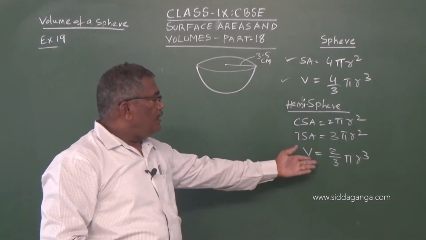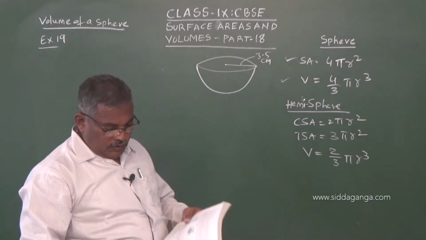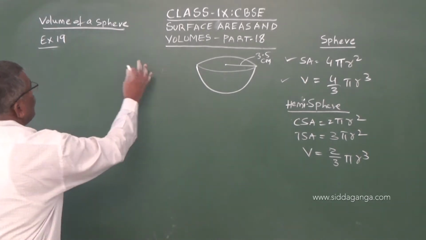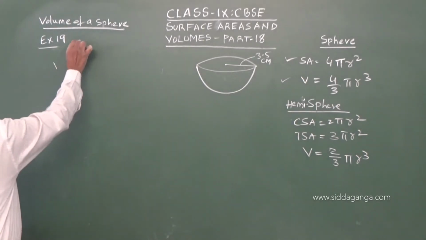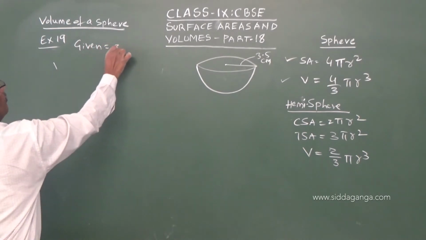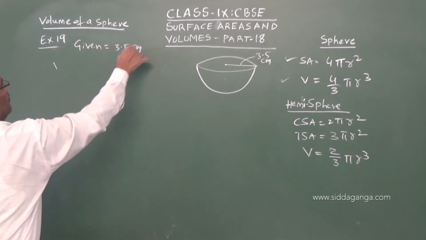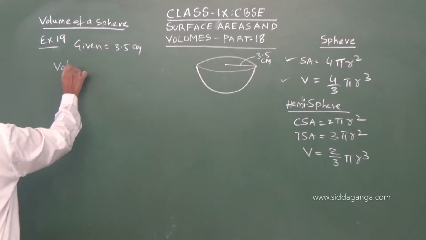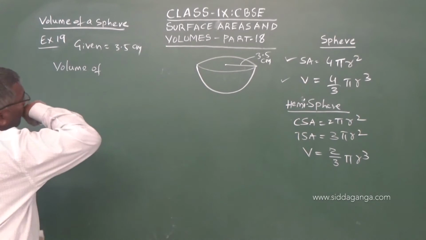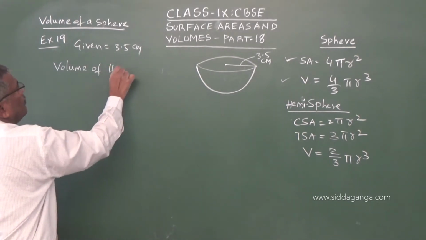You have to apply this formula. So given, radius is equal to 3.5 centimeter. Volume of the hemispherical bowl.